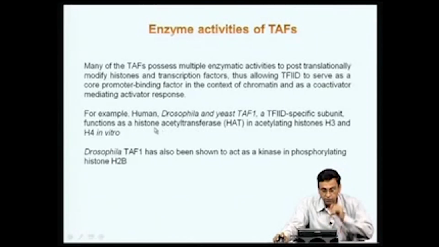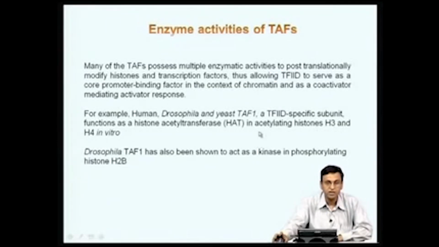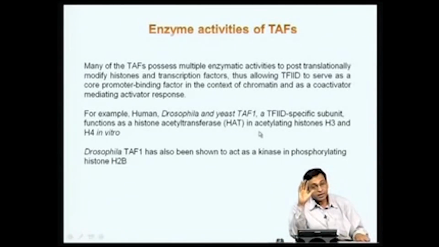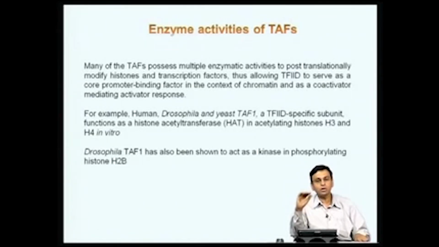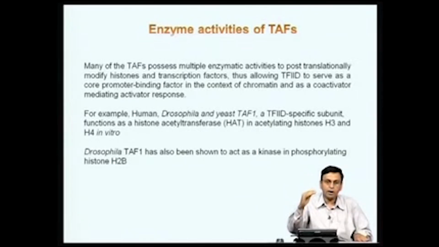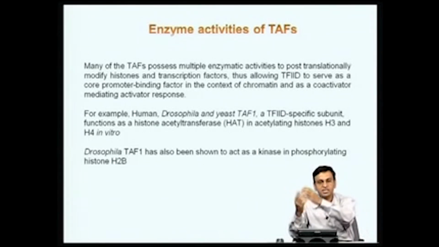So, this can function as a histone acetyl transferase or HAT, which is capable of acetylating histones H3 and H4. The moment they discovered that some of the general transcription factors such as TAFs can add a phosphate or an acetyl group to the histones, it became very clear that the mechanism by which many of these transcription factors regulate gene expression from chromatin templates is by post-translationally modifying histones.